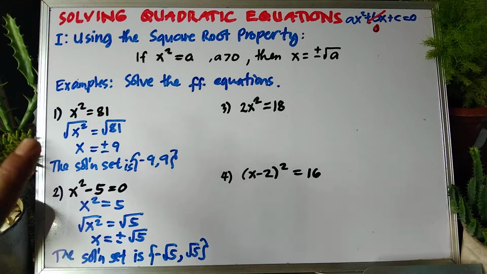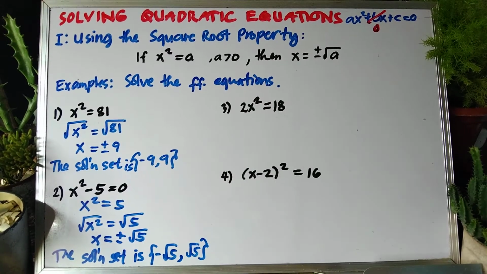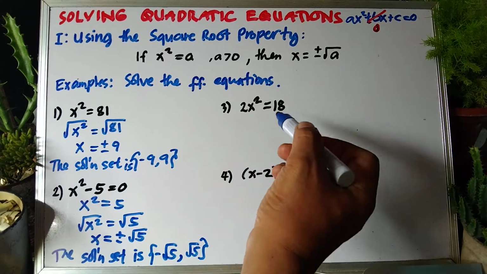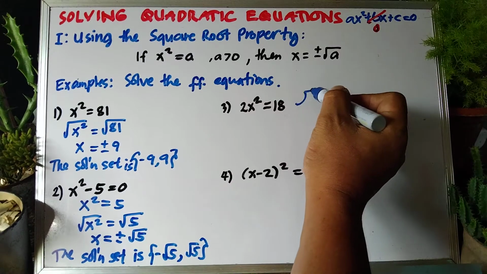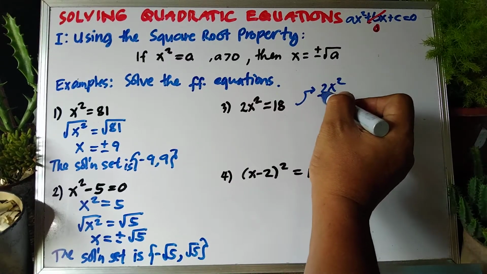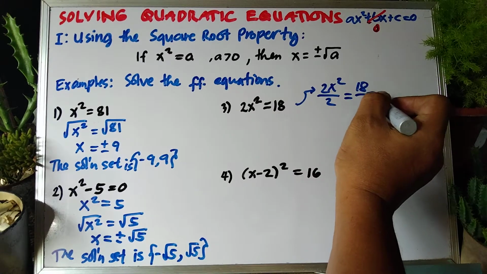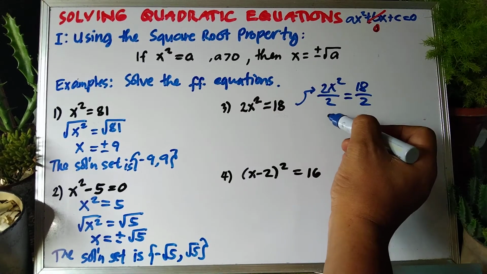So, we're done with 2 examples. Let's proceed to example number 3. So, we are given 2x squared is equal to 18. Now, what will be our first step? Take note that the left side of the equation should only involve the variable raised to an exponent. So, no constant except 1 ang dapat atong makita din na sa left side equation. So, here, we would directly divide both sides by 2. So 2 divided by 2 is x squared.